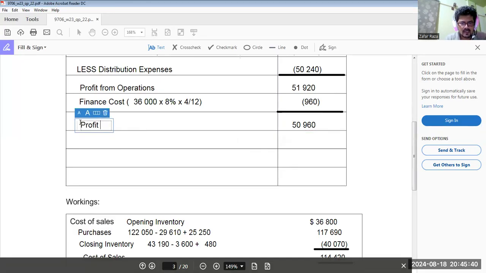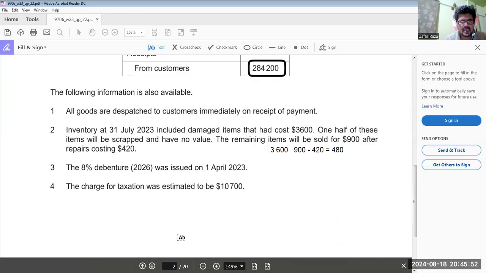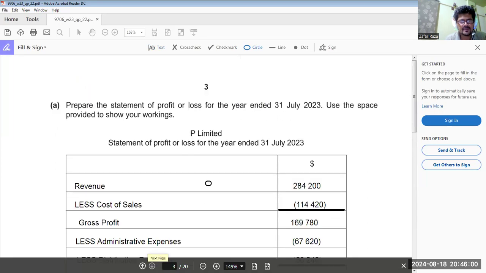Now, what we have to deduct here? Yes, income tax, taxation. We are already given here 10,700. You remember this 10,700? So we have to deduct it over here.